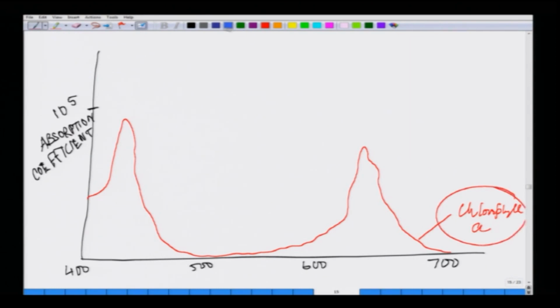Now chlorophyll B, I'll be drawing it in blue. Chlorophyll B is slightly staggered and picks up, has its peak out here, and then again it also tapers down like this, and then starts to take up somewhere out here.